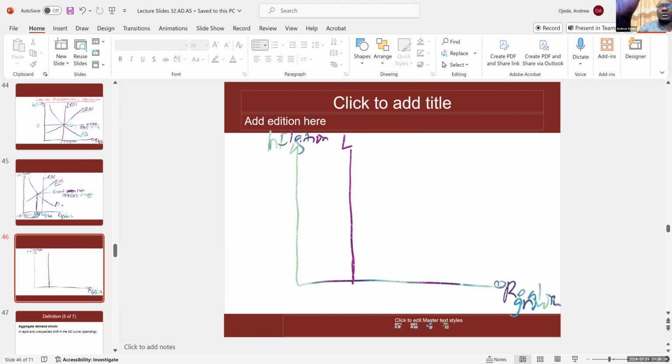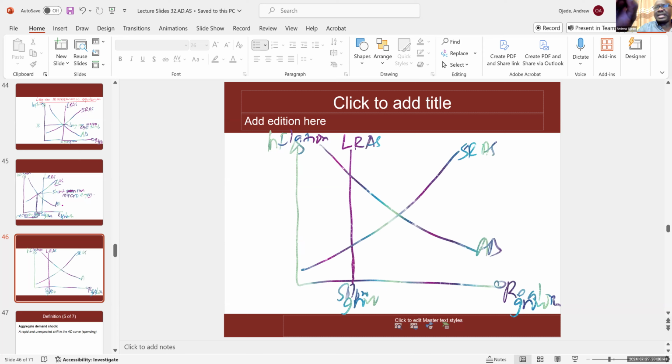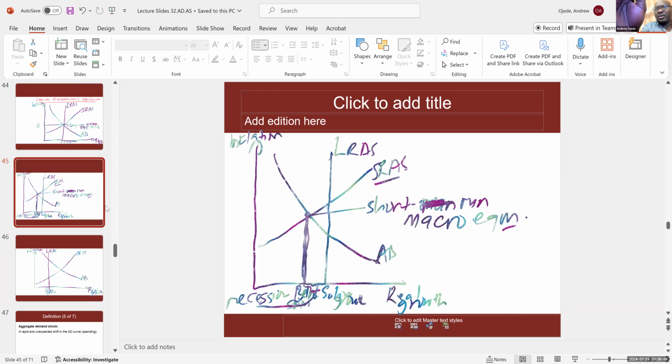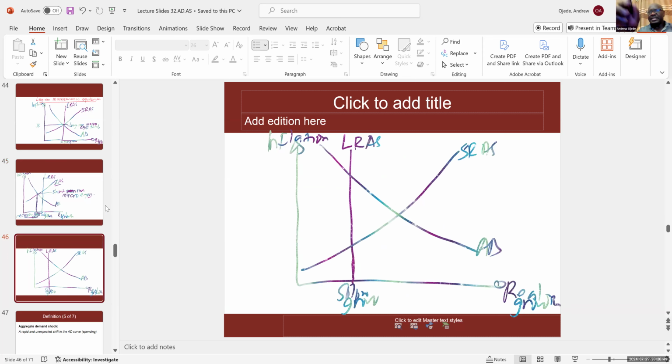So if this is your long-run aggregate supply curve, which corresponds to this solow growth, the intersection between the short-run aggregate supply curve and the aggregate demand curve this time is happening to the right of the long run. In the previous case, it was happening to the left. But in this case, that intersection is happening to the right of this vertical line.